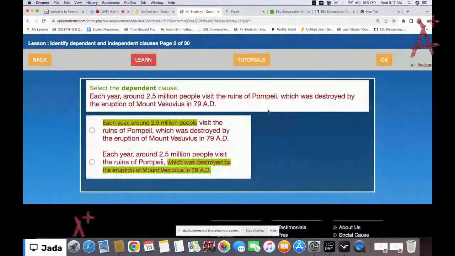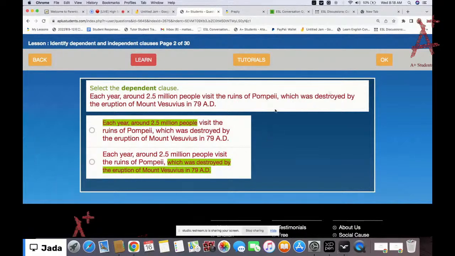Now, each year, around 2.5 million people visit the ruins of Pompeii, which was destroyed by the eruption of Mount Vesuvius in 79 AD. Okay, so which part of it has the subordinating conjunction or the relative pronoun?